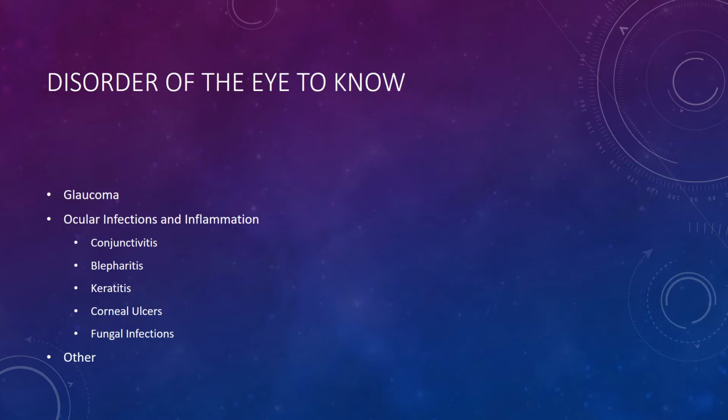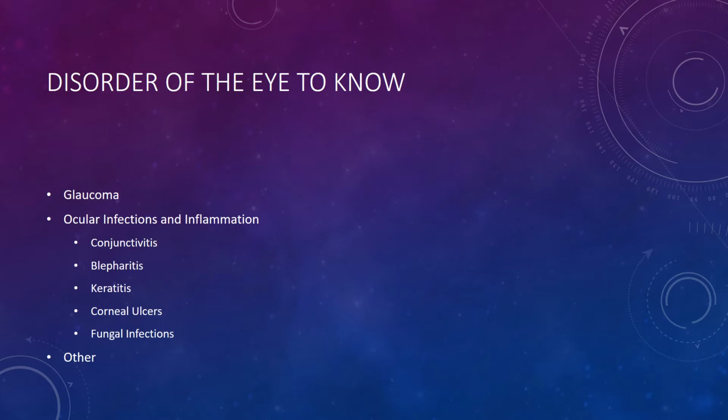It's a group of diseases that's characterized by the optic nerve damage and, of course, changes in the visual field, and also increased intraocular pressure, IOP. Anything greater than 22 millimeters of mercury is what is considered increased intraocular pressure. So, that's going to be an important number for you to remember.